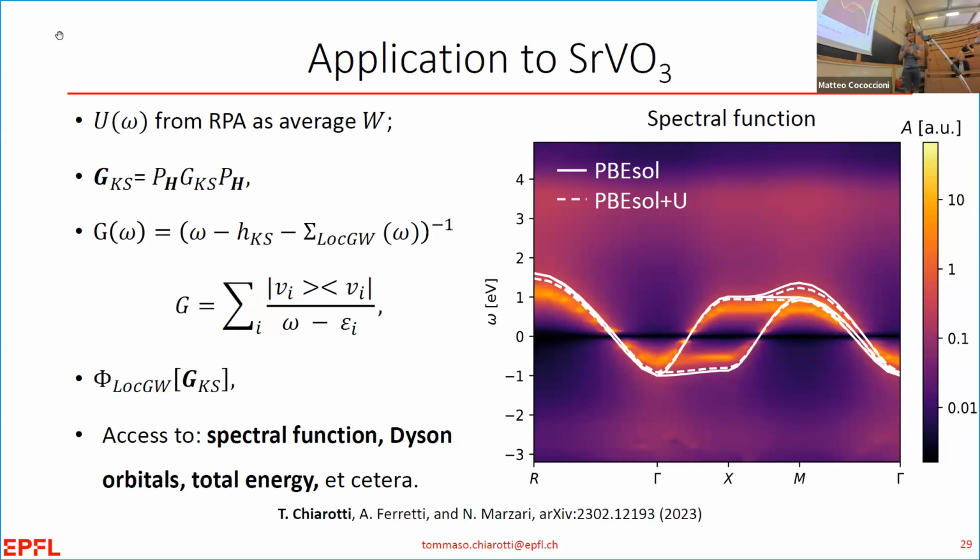So either you do this or you find another way to solve this equation to get the thermodynamic properties. And this comes from the fact that the Dyson orbitals are not orthogonal. Indeed, here these are not orthogonal, and they are complex, so you get the lifetime from the complex part.